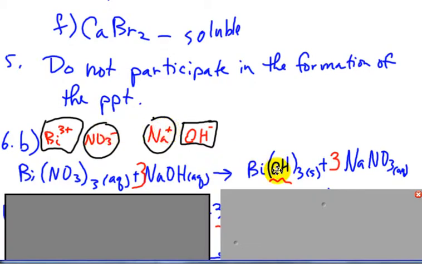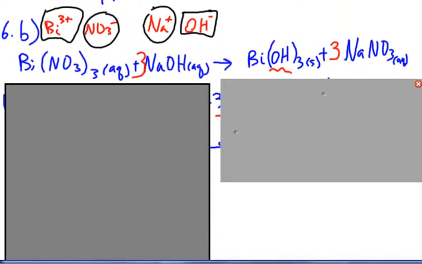Na plus, NO3 minus, they come together as NaNO3. Then you worry about balancing it. I have 3 hydroxides, so I have to put a 3 in front of here to make 3 hydroxides. That's going to give me 3 sodiums, so I got to put a 3 in front of here to get 3 sodiums. That's then going to give me 3 nitrates, and lo and behold, I have 3 nitrates over there.